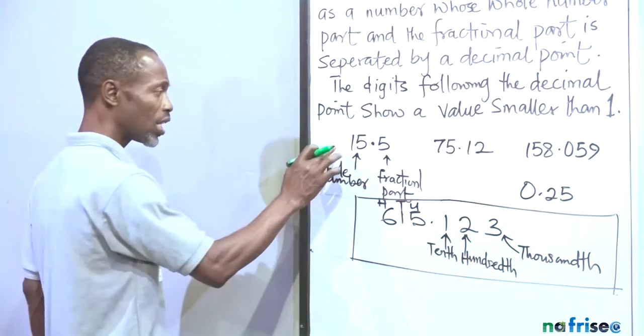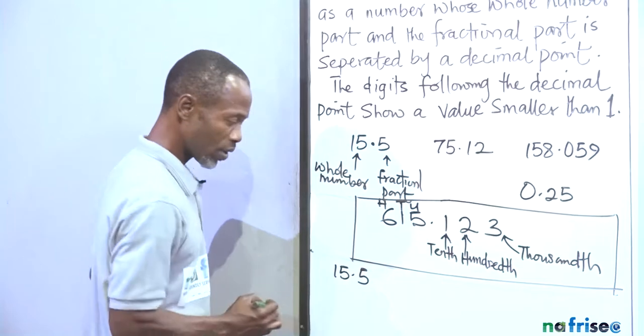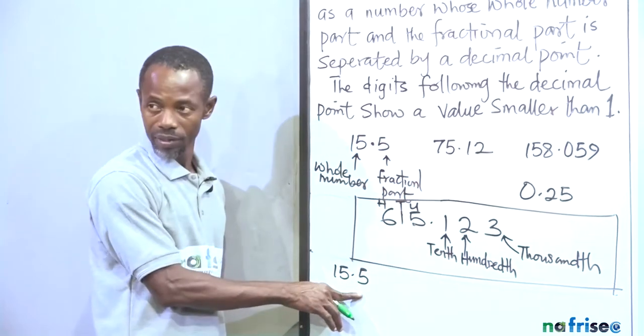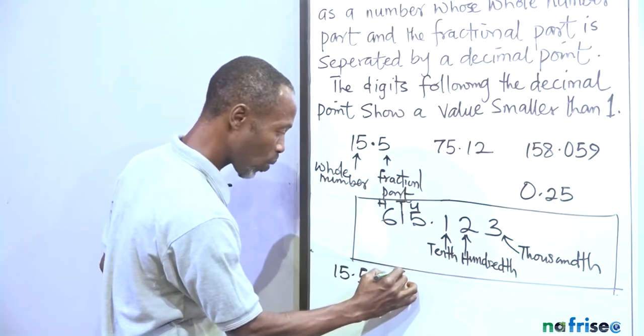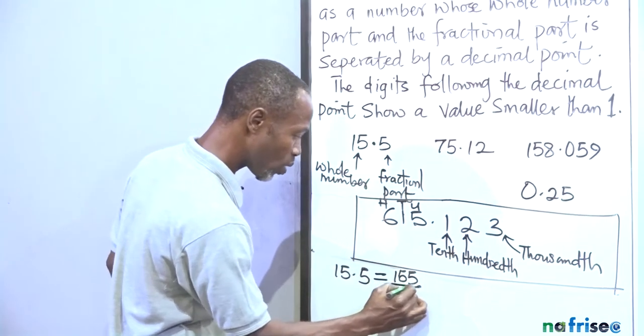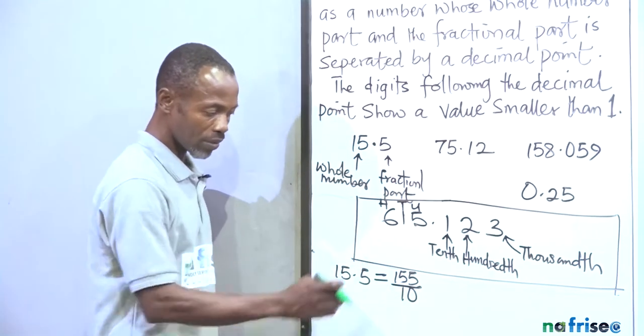So for that reason, if I have 15.5, because this is a tenth after the decimal place, if I'm to address this as a fraction, this becomes 155 all over what? 10. You remove the decimal point from there.